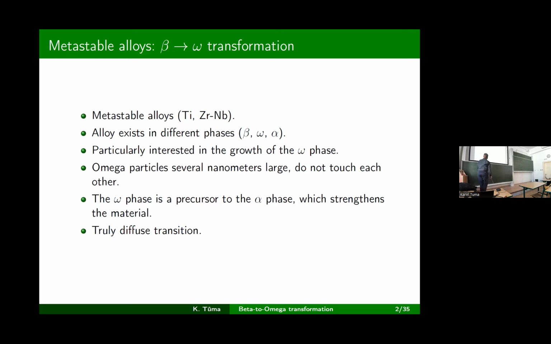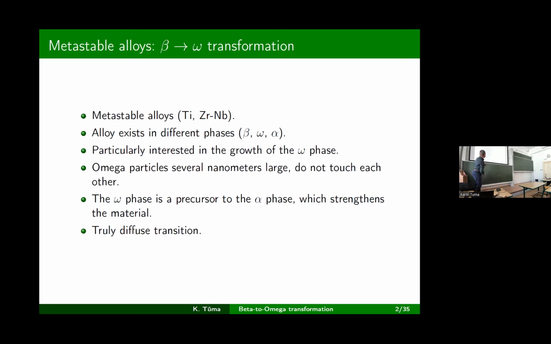But here we are mainly interested in the transformation beta to omega. The omega particles are typically small, several nanometers, and what is very important, they can never touch. The main advantage of the model we developed is that it prevents touching of the omega particles.